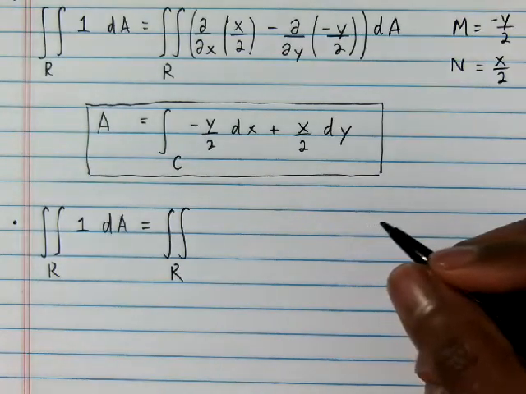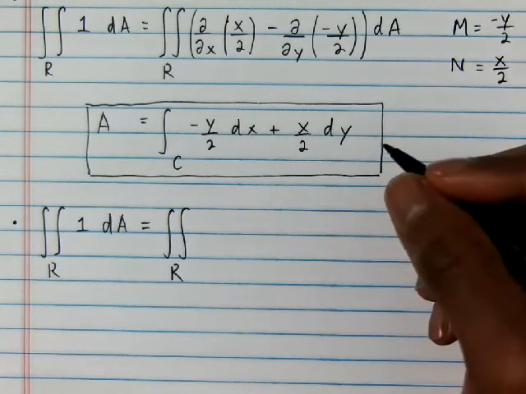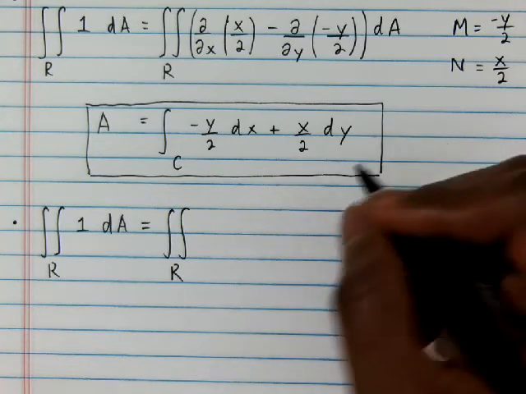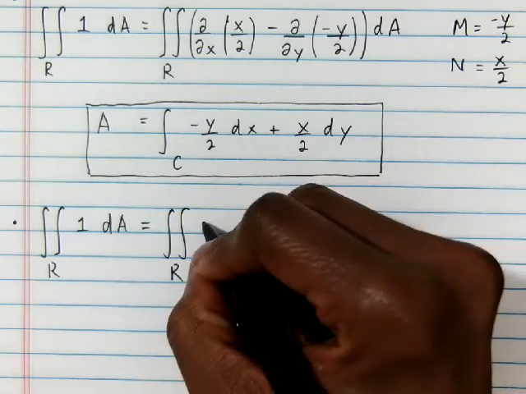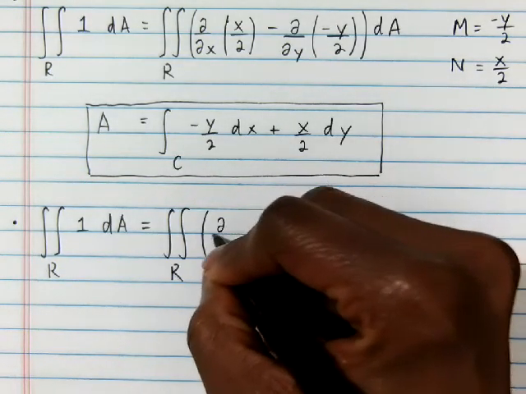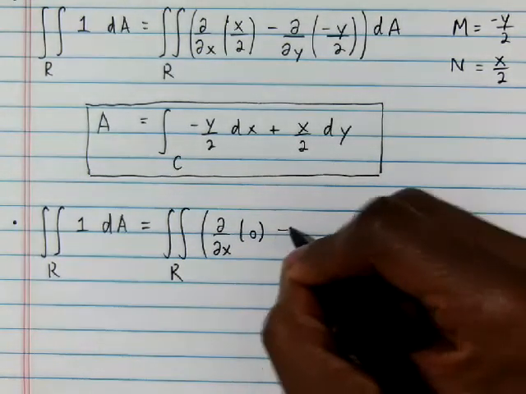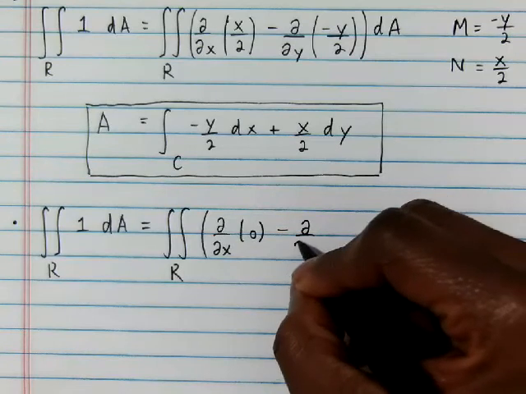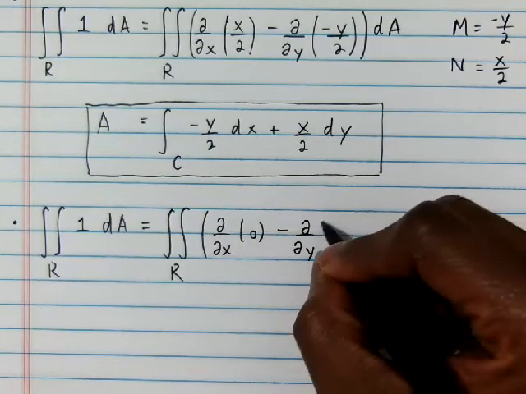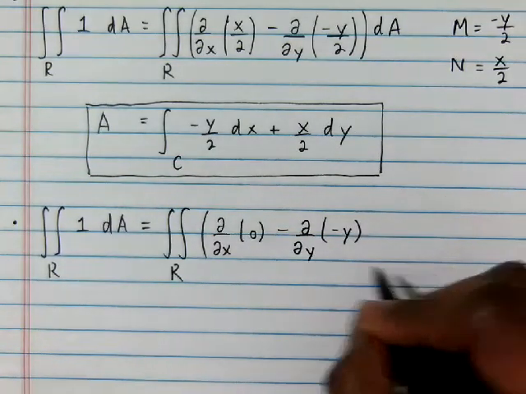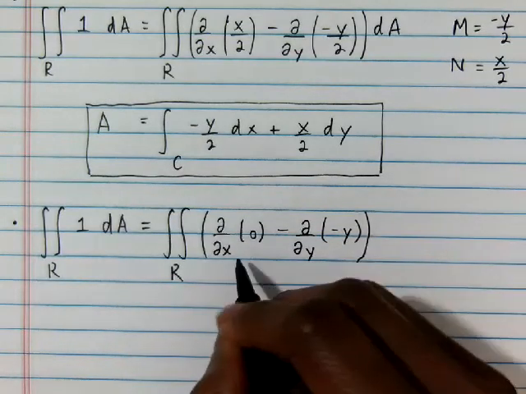So here, let's say the number 1 is the partial derivative with respect to x of 0 minus the partial derivative with respect to y of negative y. So we know this is 0.